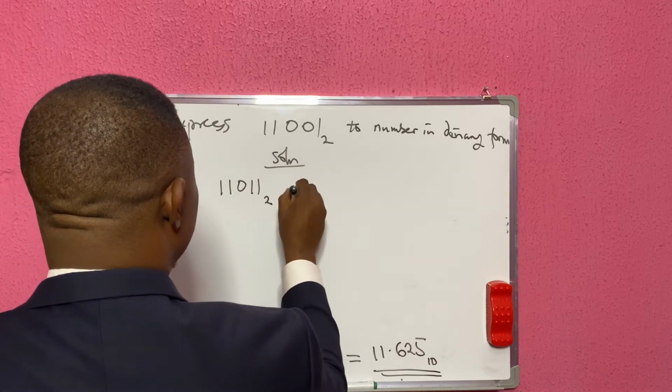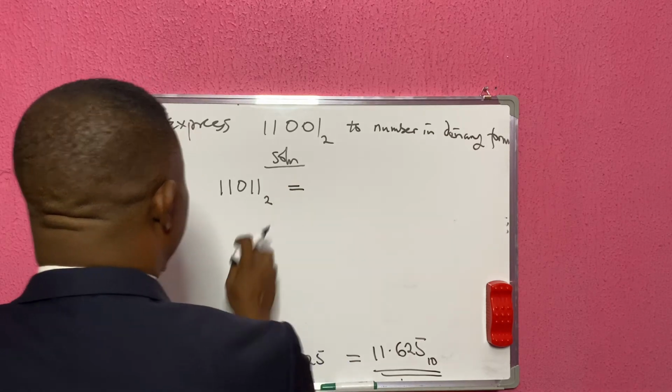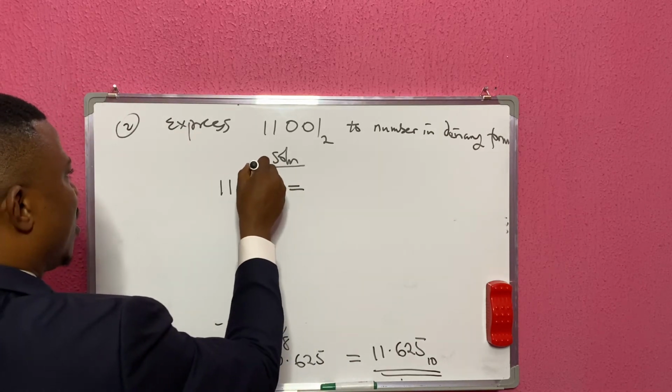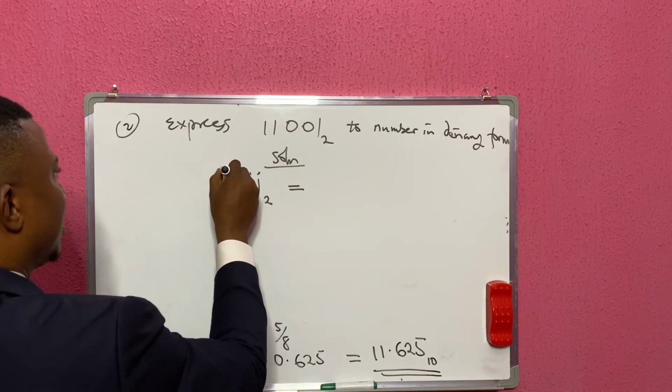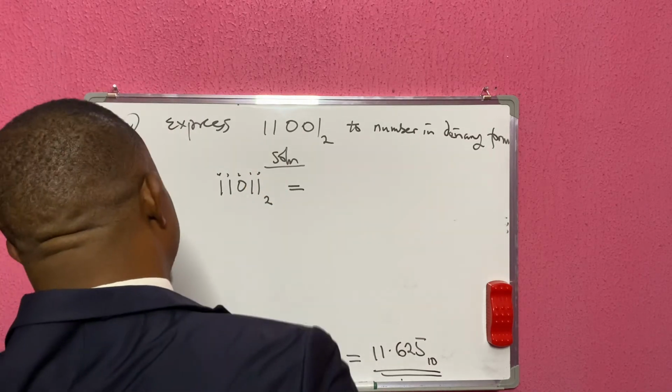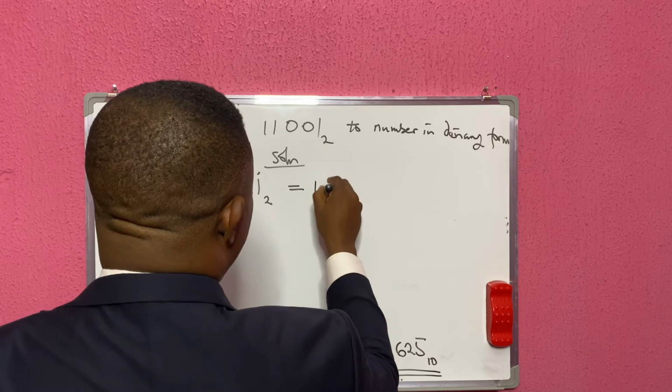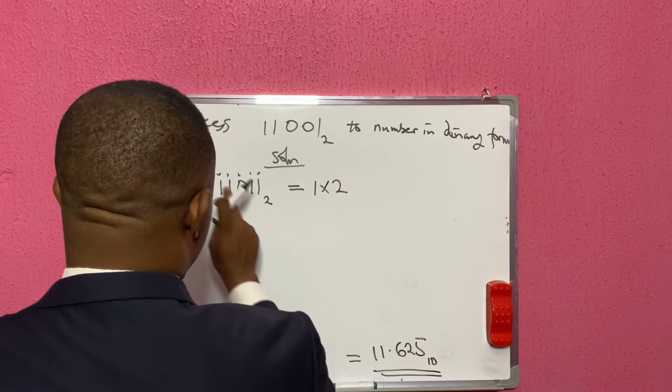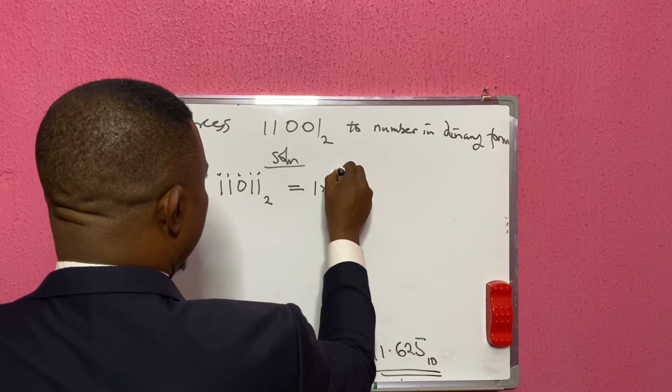11011 base 2 will give us, this is 0, 1, 2, 3, 4, and so on, towards the left hand side. 1 multiplied by this base, raised to power what? 4.